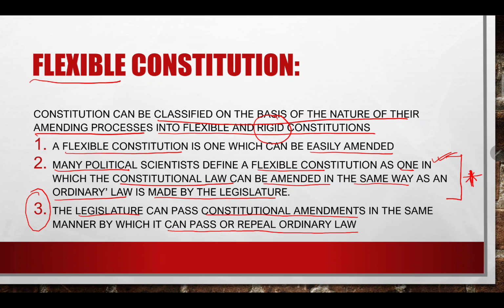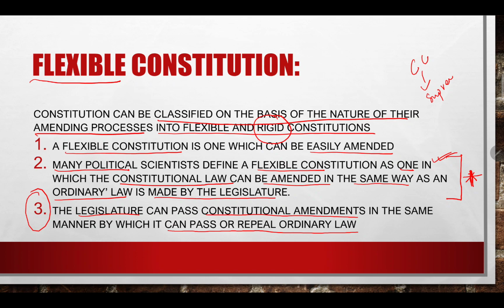But this is an ordinary process of passing a bill in the Indian system. We are talking about constitutional law. It is fundamental, it is supreme, right? So it cannot be changed just by passing, debating, sending and rectification.